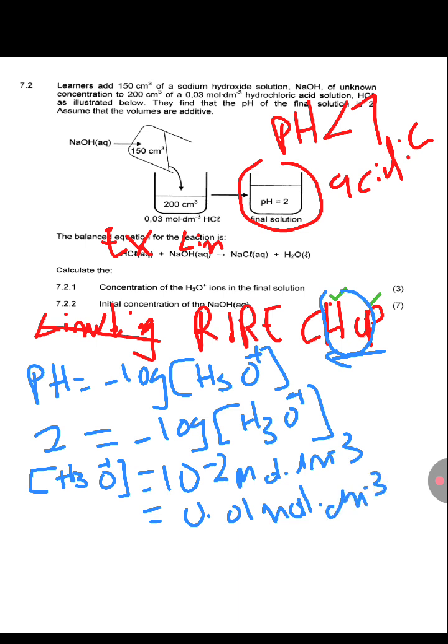Right, we got the concentration of hydronium ions in this case. We are done.